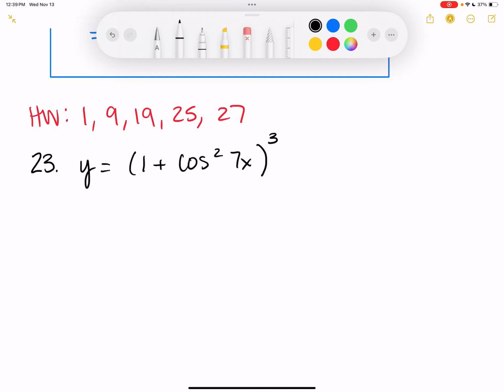I got a chain rule and a chain rule and a chain rule. So the derivative of the whole piece would be 3 times 1 plus the cosine squared of 7x squared.